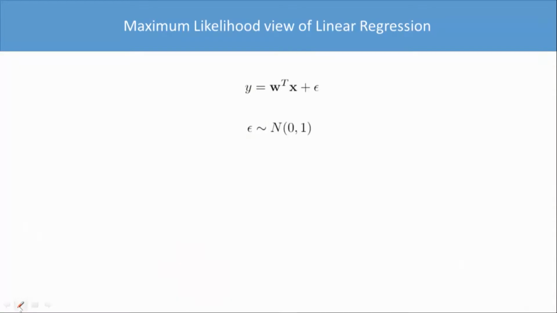The normal distribution, I think, was introduced in one of the probability lectures earlier, I am assuming. So basically, this is what people call a generative view of data. Earlier, we did not assume anything about how our x's and y's were given to us.